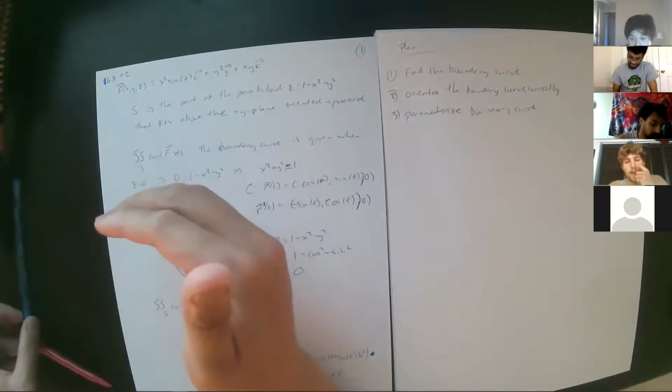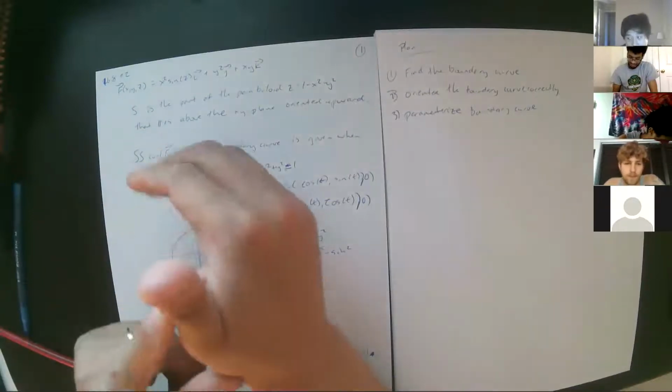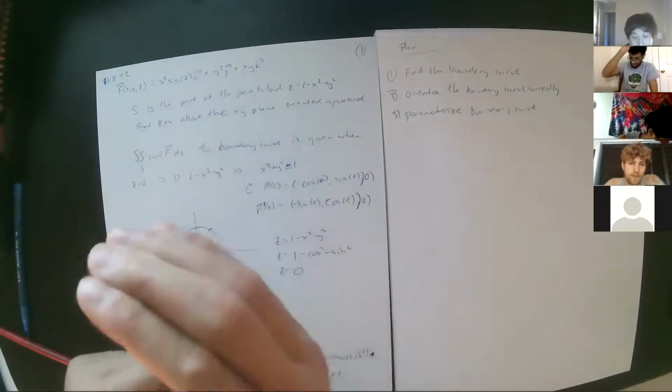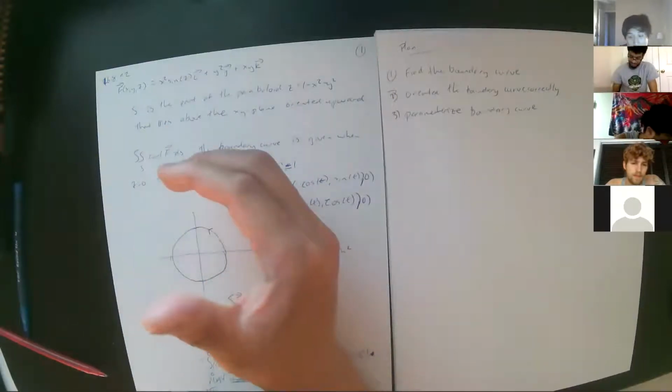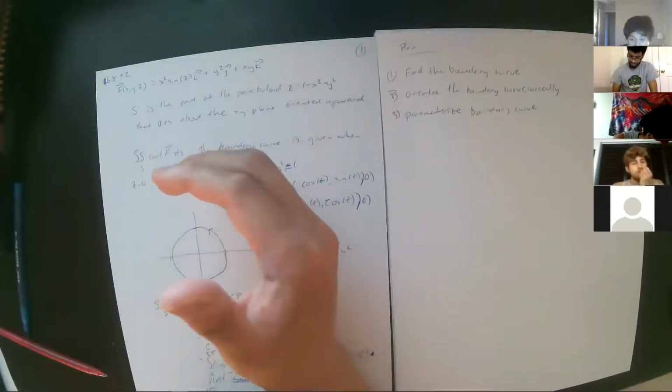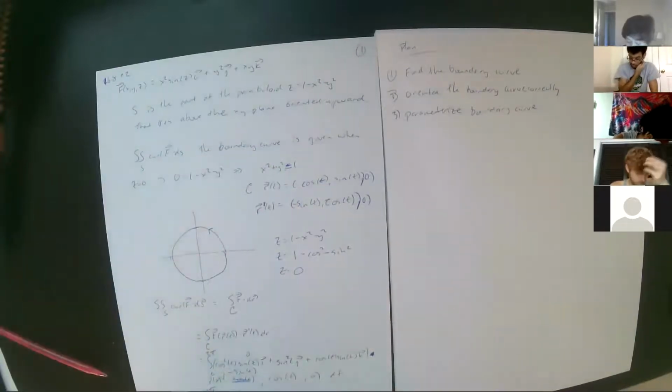Does that make sense? Because my surface has an orientation, which is upward, my curve must be oriented this way to make that orientation work. Okay?